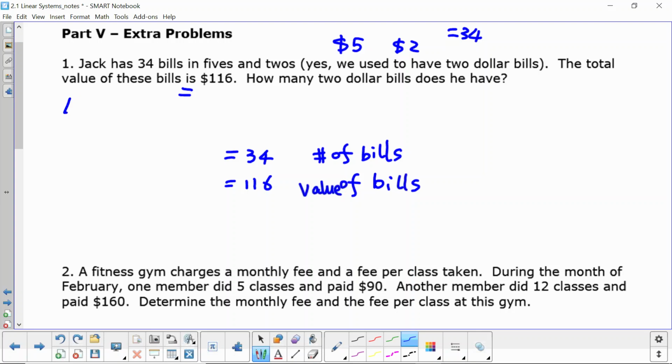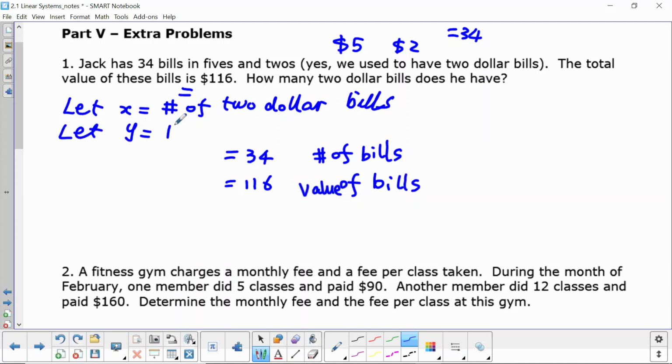So we are going to let x equal the number of $2 bills. And let y equal the number of $5 bills, because we need two variables to set up the equation.